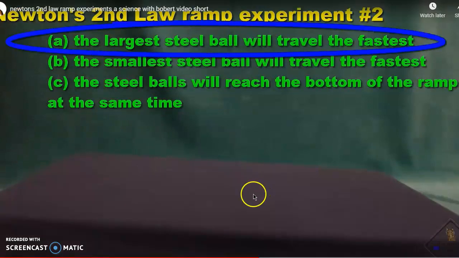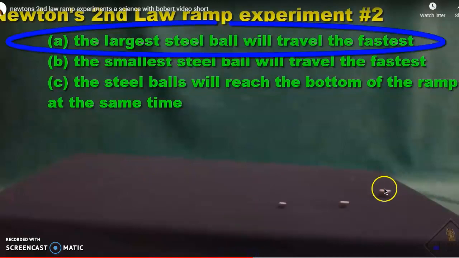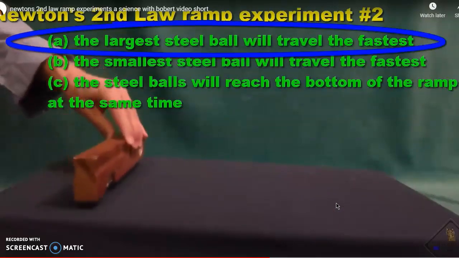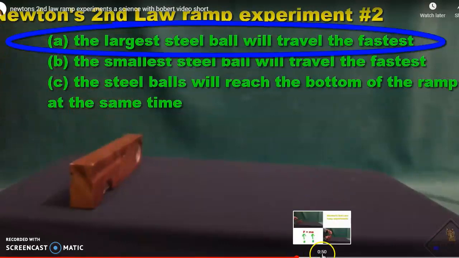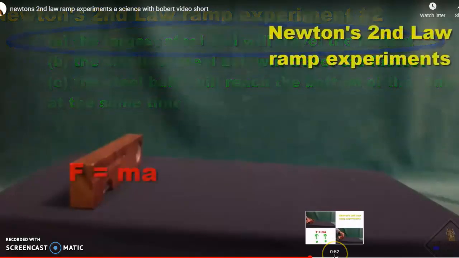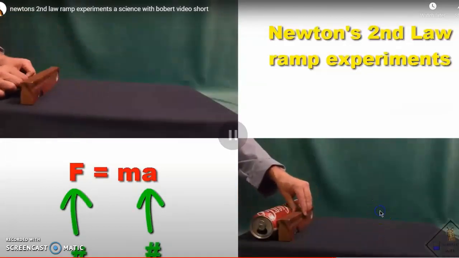So that time we saw that we had three different size steel balls. We had a small, a medium, and a large one, and we could see that our largest one was the fastest, then our medium, and then our smallest was the slowest. And this is all because our mass is changing.